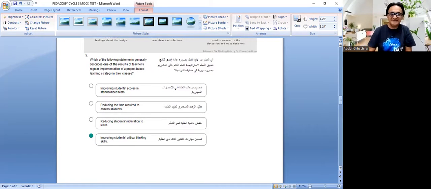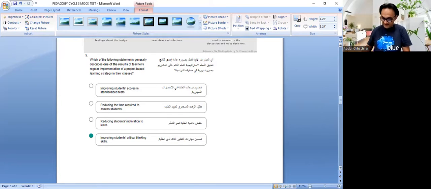Which of the following statements generally describes one of the results of teachers' regular implementation of project-based learning strategies in the classroom? As you know, project-based learning is also student-centered learning, in which students apply what they know to work on a project and create their own ideas.